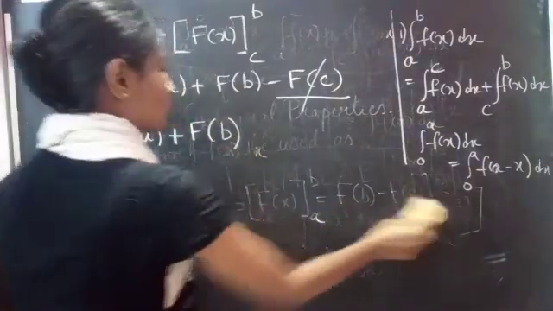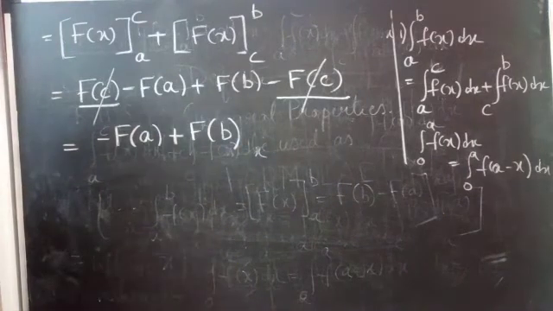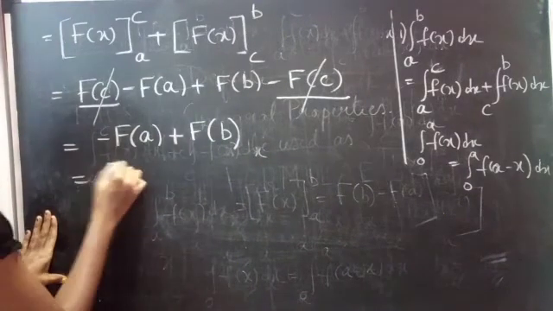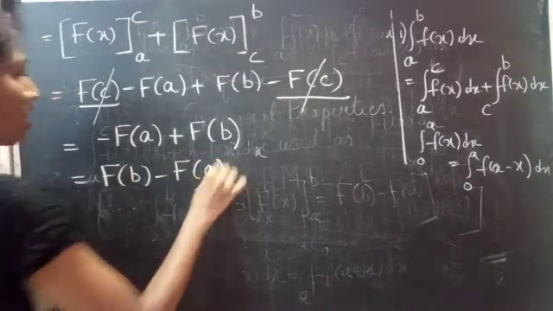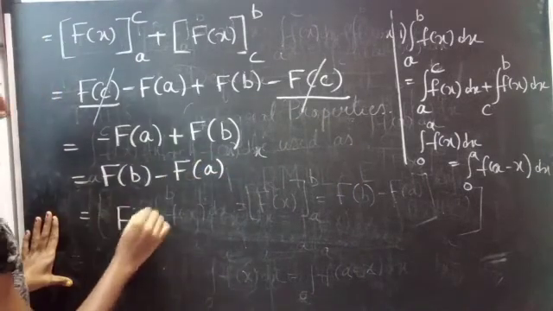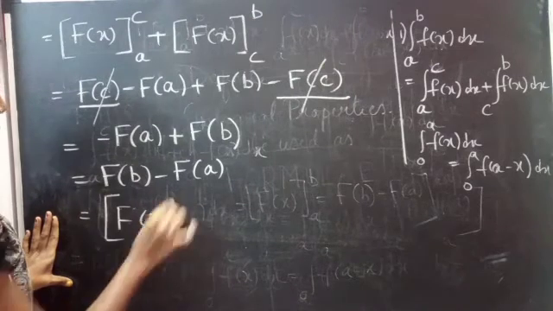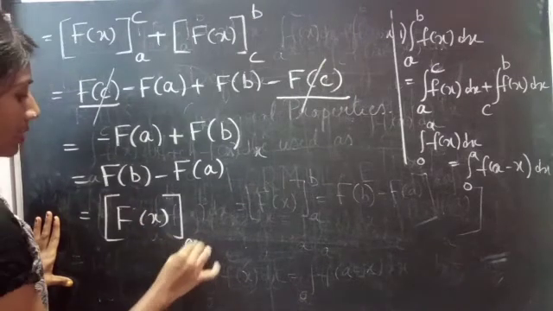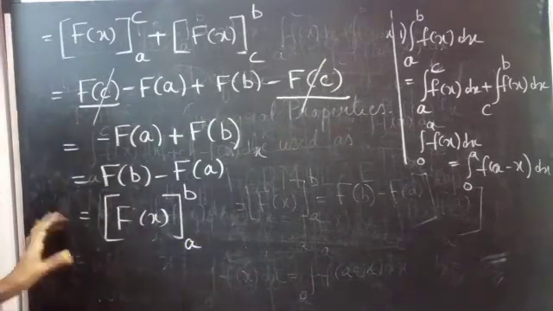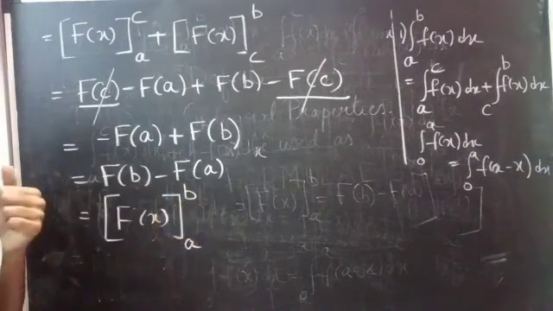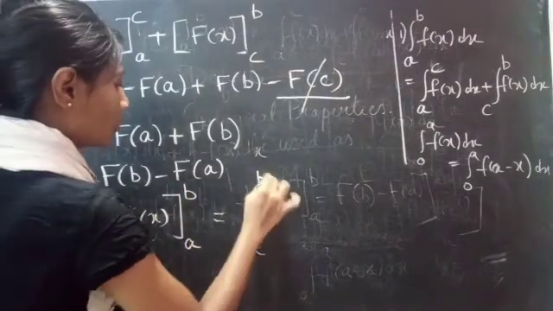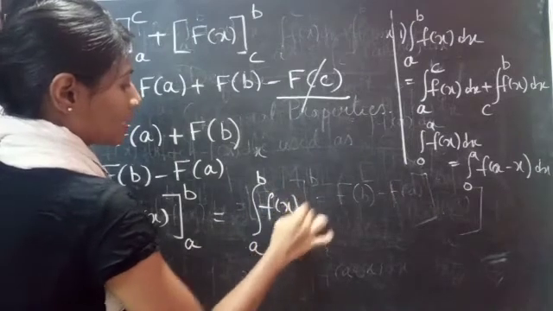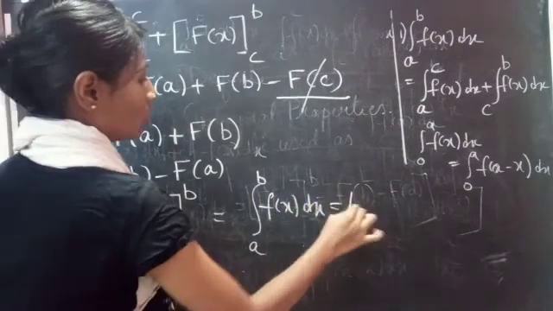which can also be written as F of b minus F of a. This is equal to capital F of x within the limits lower limit a and upper limit b, which is equal to integral a to b f of x dx. This is your LHS.